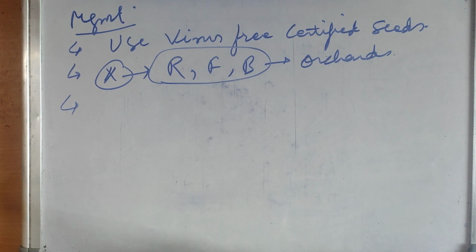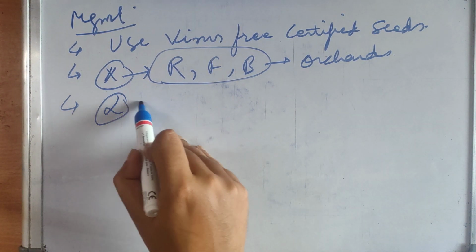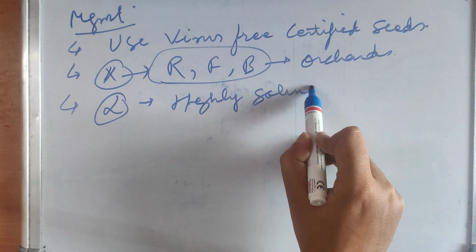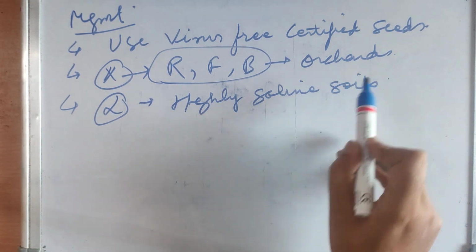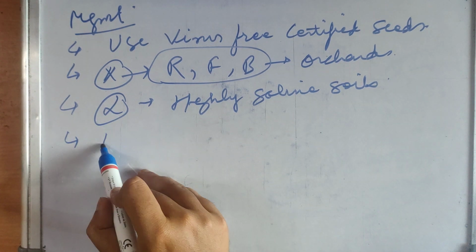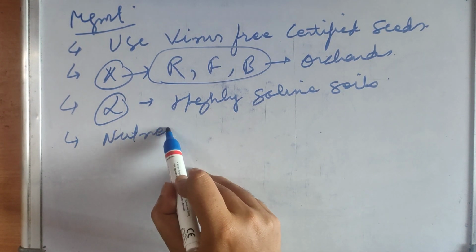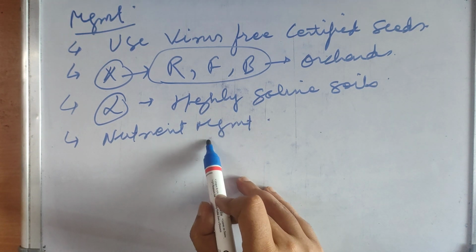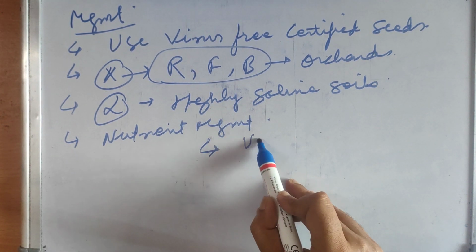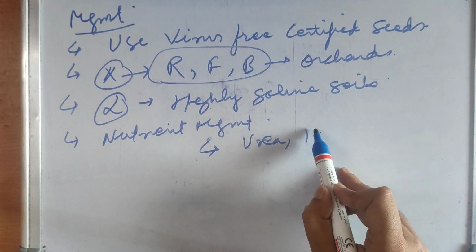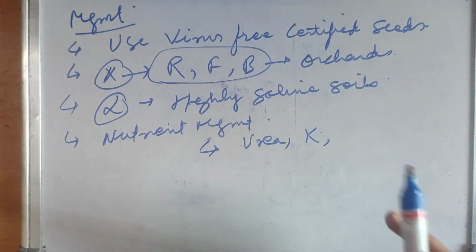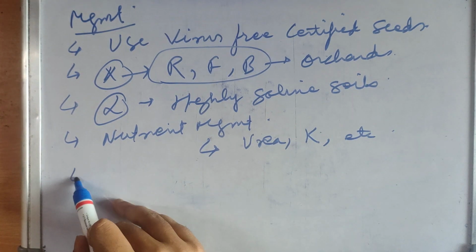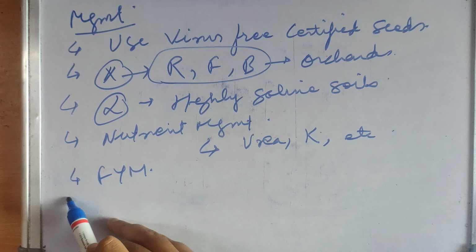Avoid cultivation of citrus in highly saline soils. Proper nutrient management should be there, that is use of proper urea, potassium, etc. You can also add farmyard manure to fields.